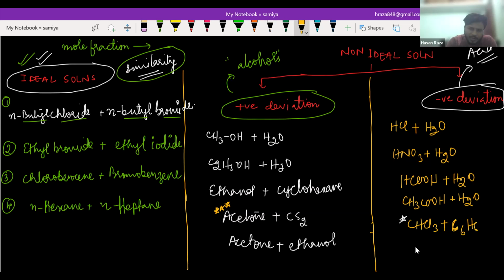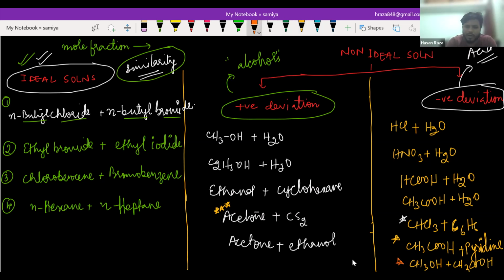Next, CH3COOH, ethanoic acid plus pyridine, will show negative deviation. Also methanol, CH3OH, plus CH3COOH. Alcohol and acid are both present, but this solution shows negative deviation.